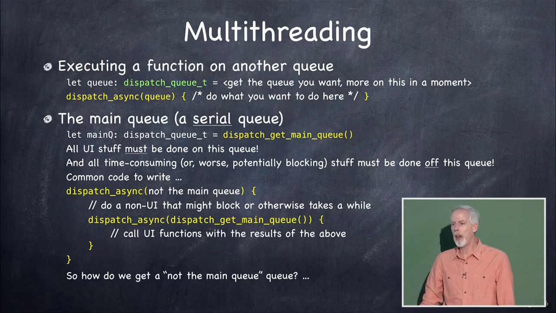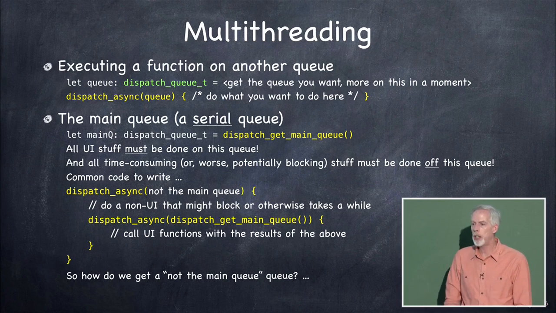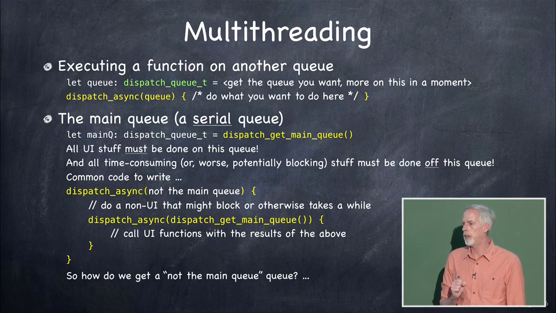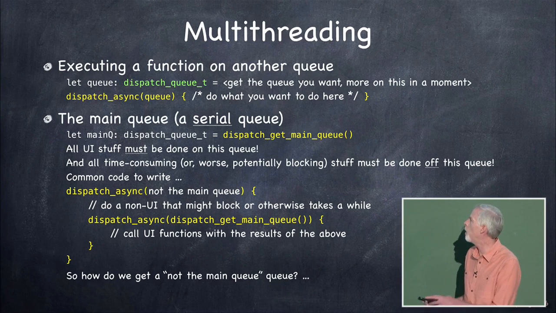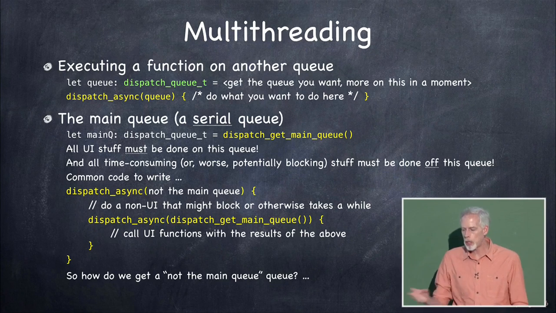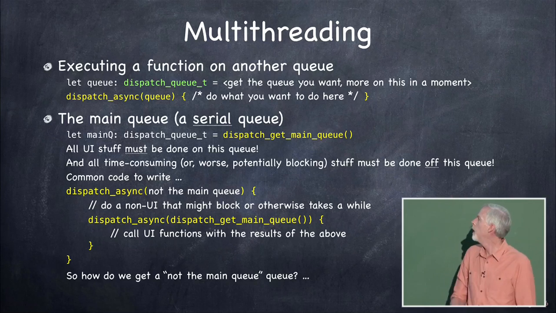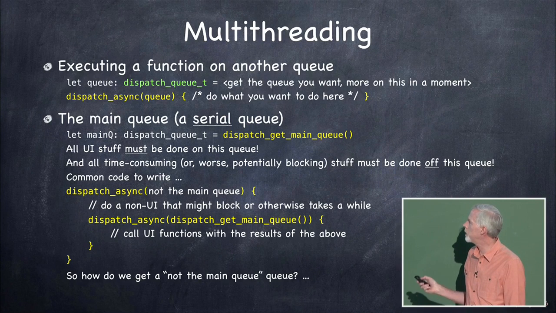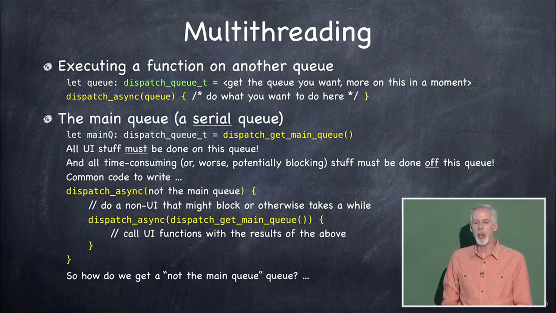This one continues to run after that. In fact, dispatch async always returns immediately, because all it does is put things on queues. It doesn't actually execute any of the code inside the block. It just puts that block of code onto the queue. And then this outer closure just happily runs to completion and it's done.